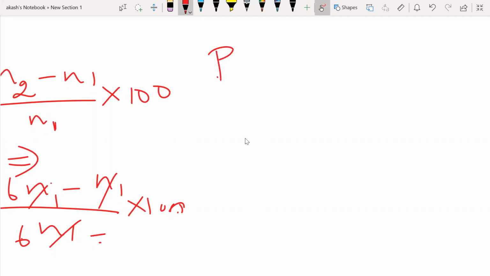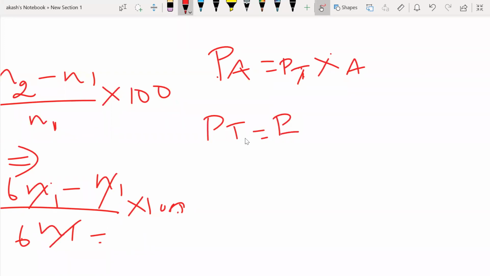So it's just PA is equal to P total into XA, and PB will be equal to P total into XB, and obviously total pressure will be equal to PA plus PB, or I can write P total is equal to P total into XA plus P total into XB. Obviously, P total into XA and P total into XB are your partial pressures of A and B, PA and PB.